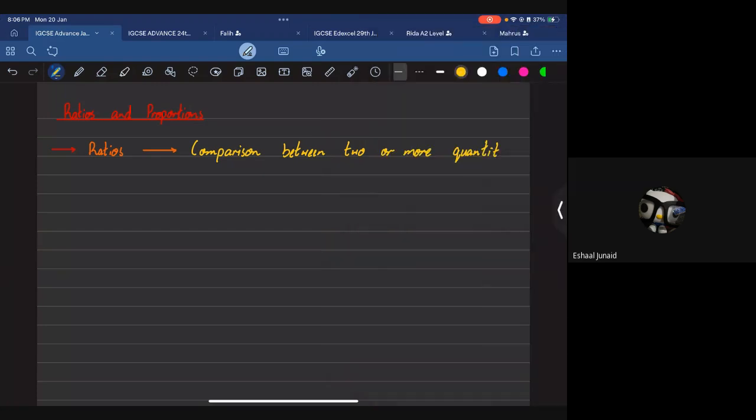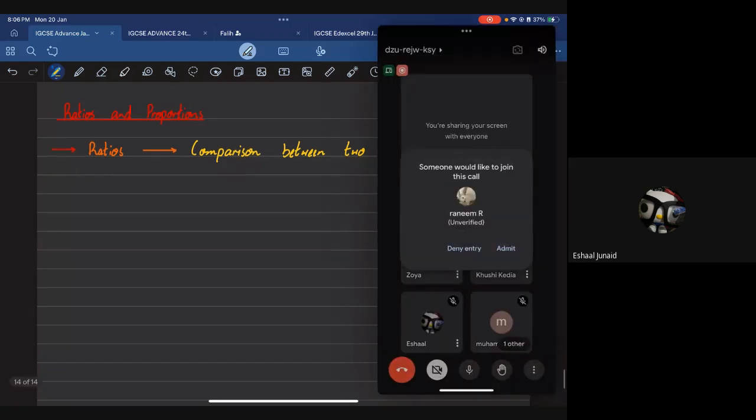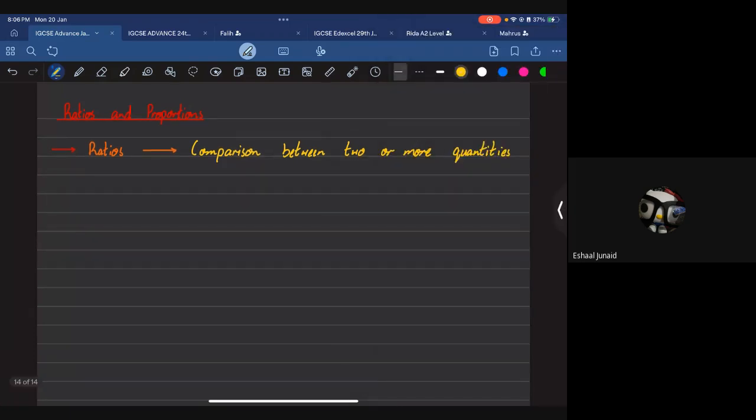Apologies about that. So, whenever we're trying to look into ratios, it's the comparison between two or more quantities of the same nature. And we can say that these quantities are expressed as a fraction of one another. So you're trying to compare the relationship between two quantities and express them as a fraction.